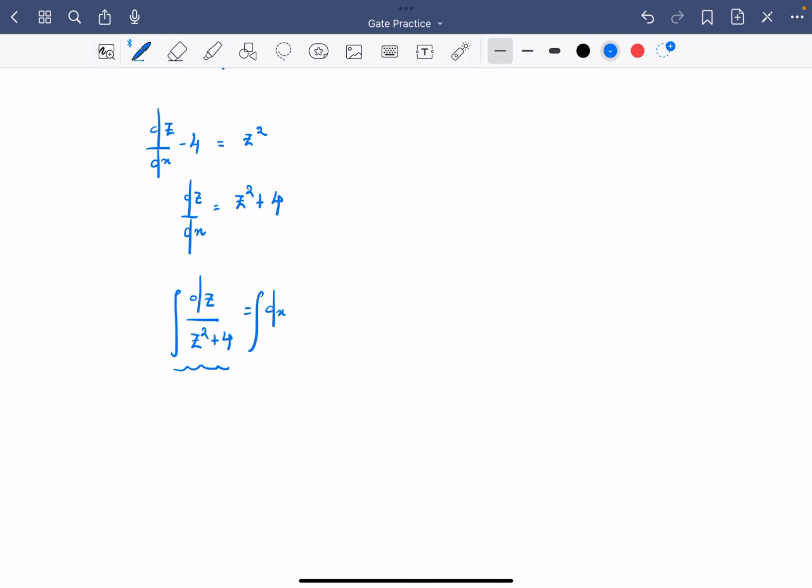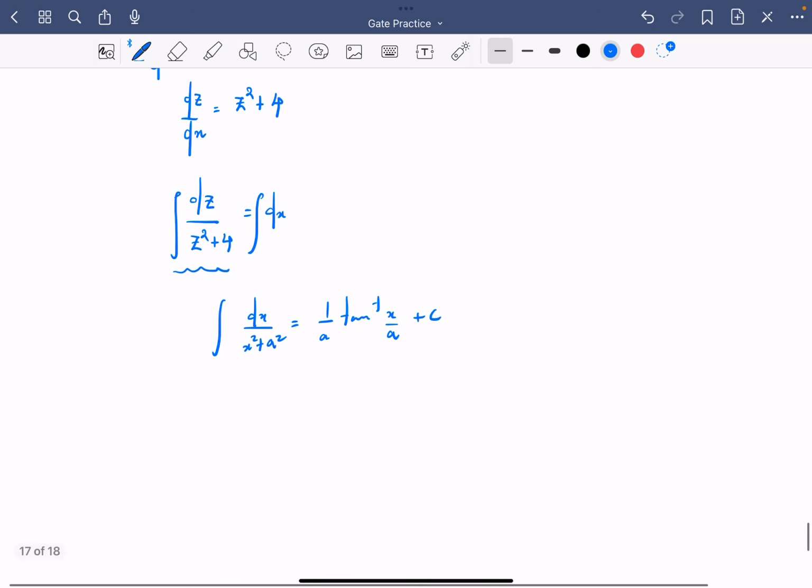So this integral is similar to integral dx divided by (x square plus a square), which is equal to 1 by a tan inverse x by a plus c. So the above integral is equal to 1 by 2, since 2 square is 4, that's why I'm writing it directly, tan inverse z by 2 is equal to x plus c.